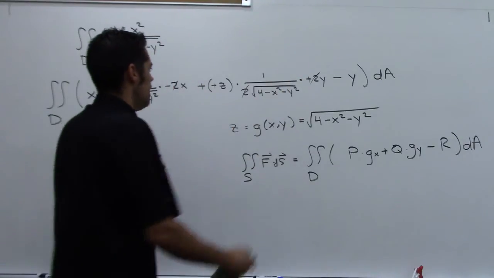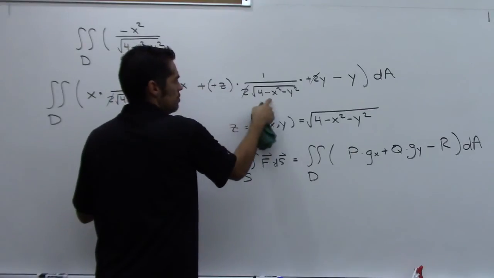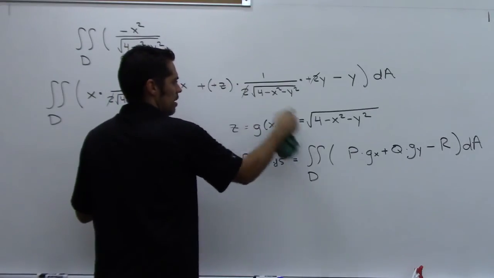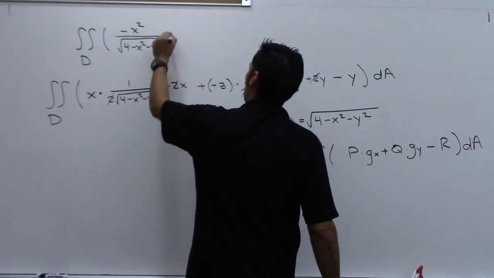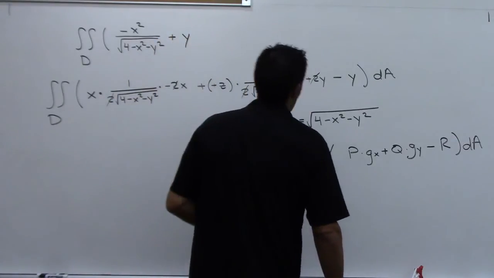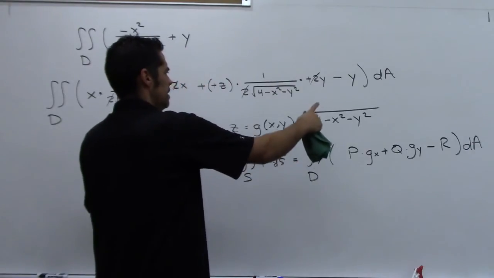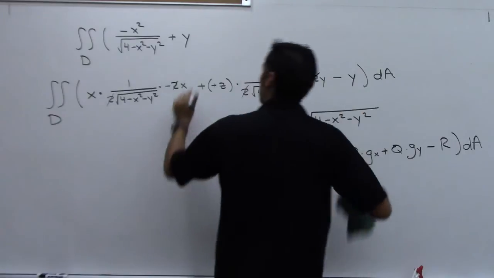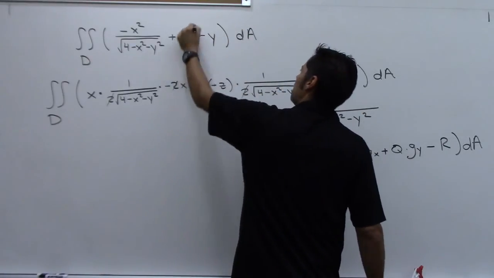Also notice the negative and the negative become plus. So really I'm going to have y times this, but this is the same as this, so these are going to cancel, right? When I plug this in right here, these cancel. So all I have here is just plus y. And then the last part is going to be minus y, dA. And these y's cancel.